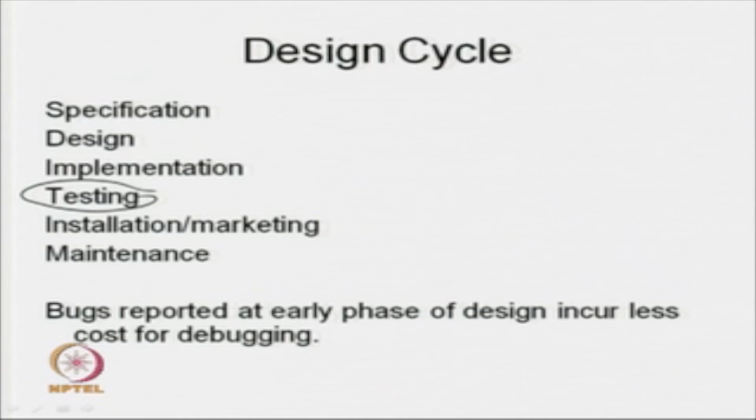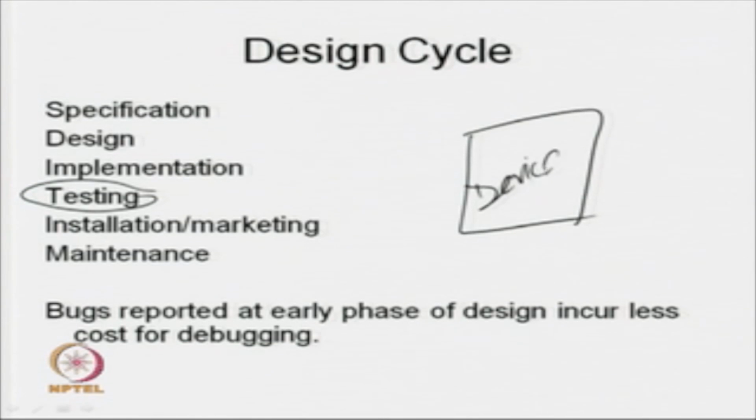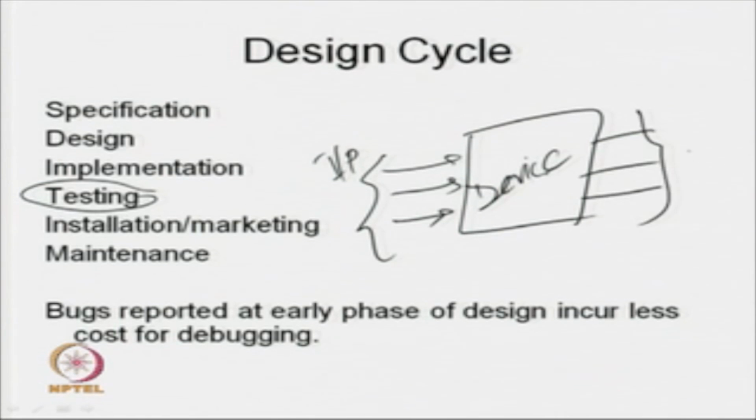We know our input patterns, what inputs we have to give, and along with that we know the desired behavior. I am designing a device, so this is my device, and I can treat it as a black box. There are several inputs available for this device, and according to the input behavior, we get some output.